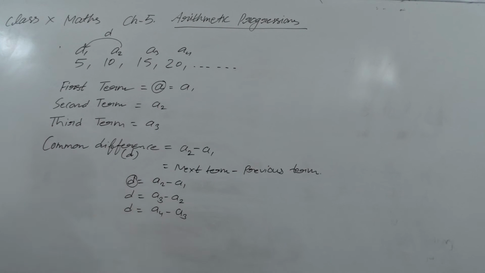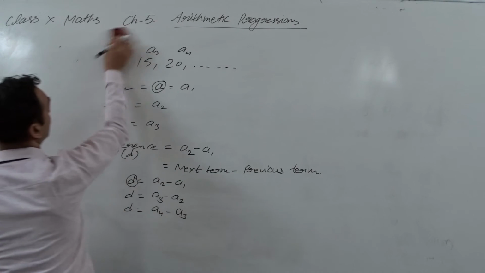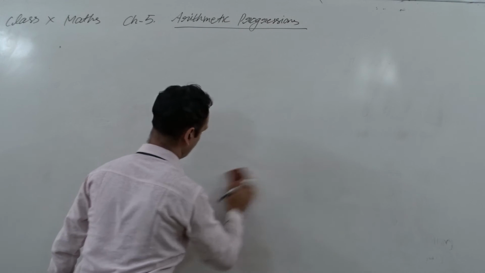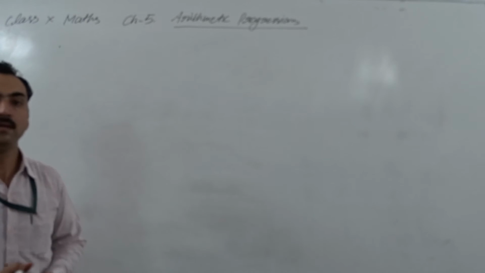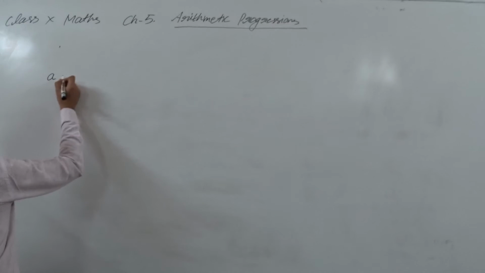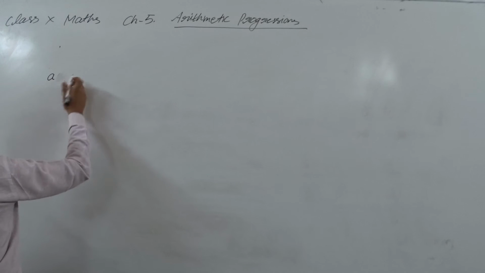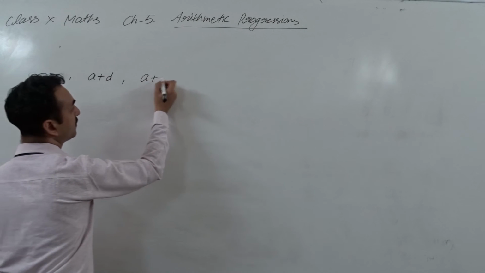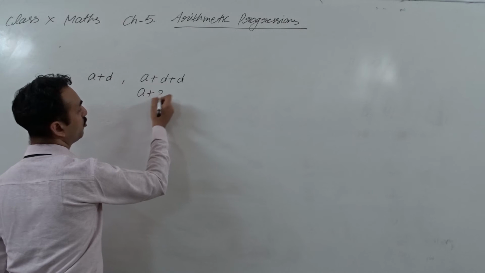Now we will understand the next basic term related to arithmetic progression. Suppose you have to take three terms of an AP. The first term is A, then A plus D, then A plus D plus D, which means A plus 2D.